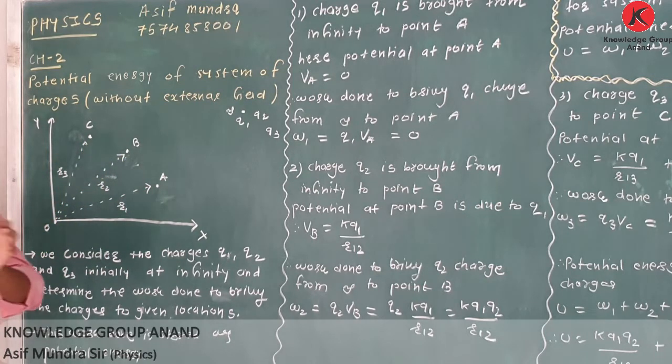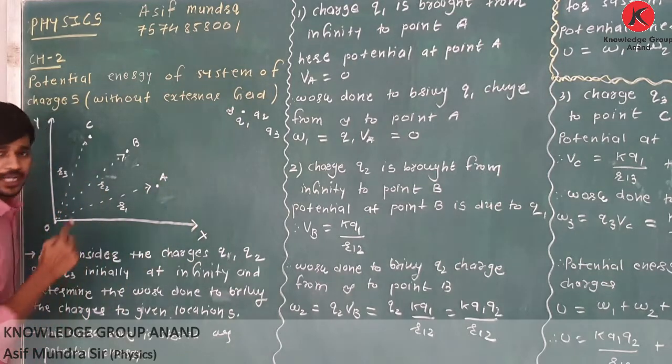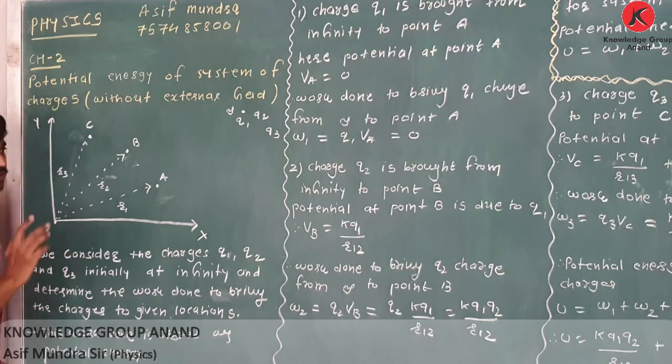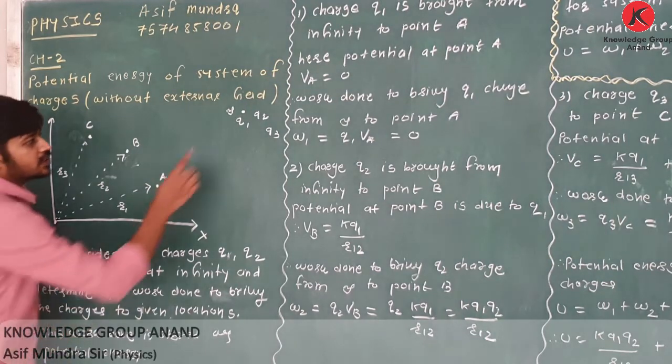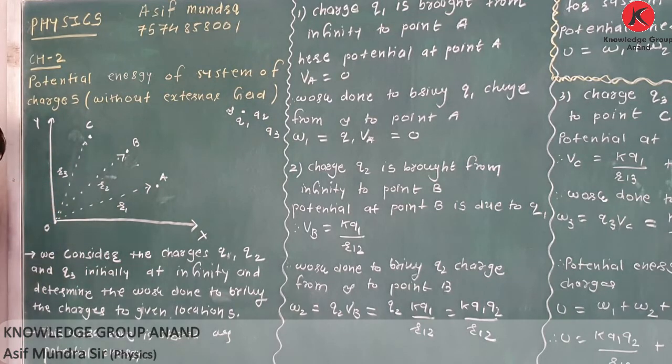Now, what is the method? First of all, we will bring charge Q1 from infinite distance to point A. Find work, that work is stored as energy. Then we will bring charge Q2 from infinite distance to point B. Find work.